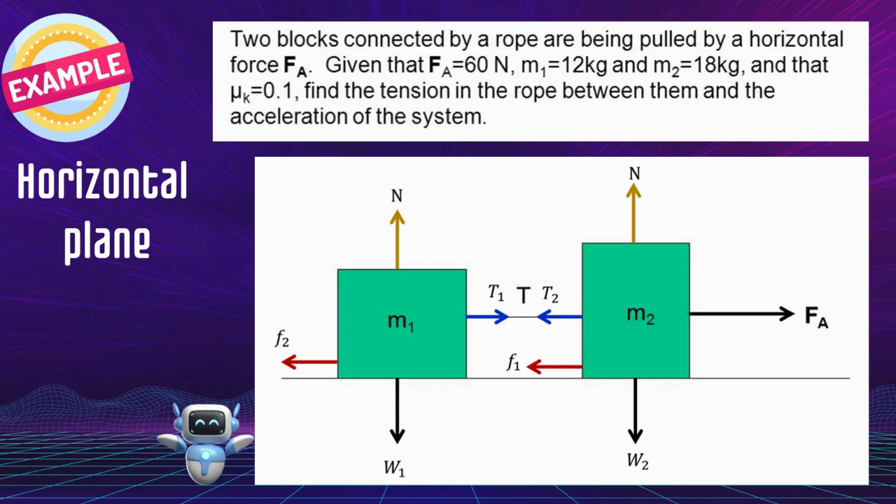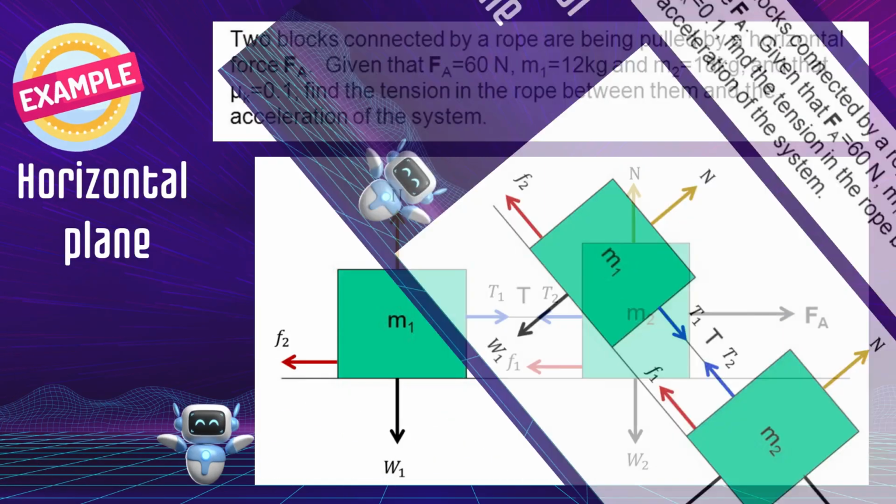First, identify the motion of the object. Obviously, it will go to the right side, and after that, draw the free body diagram. So in this case, we have normal force, tension force, friction force, and weight.